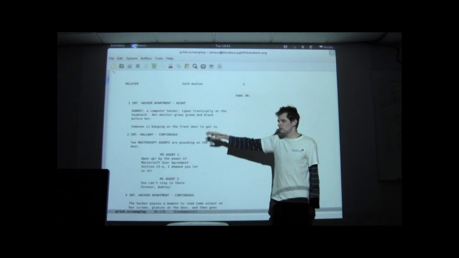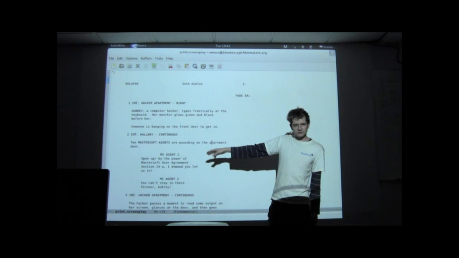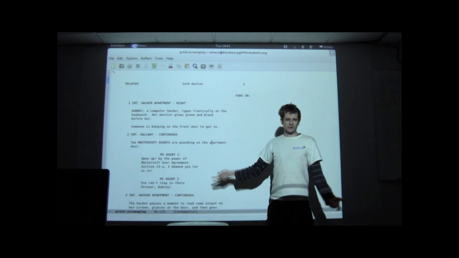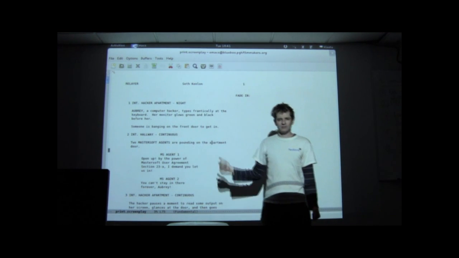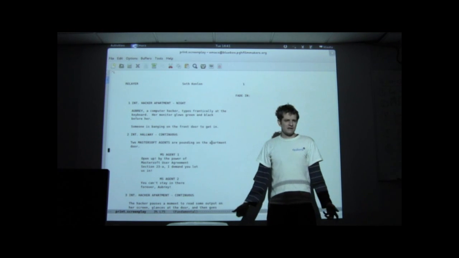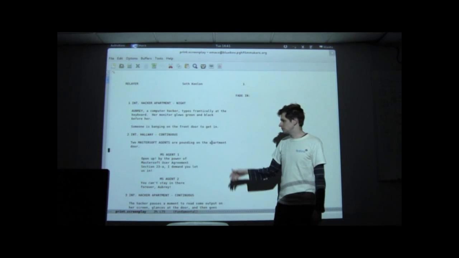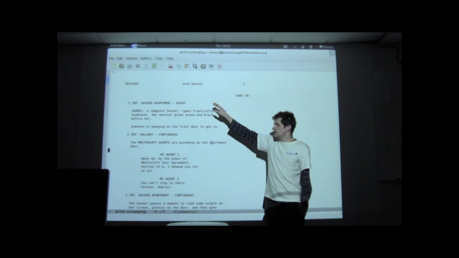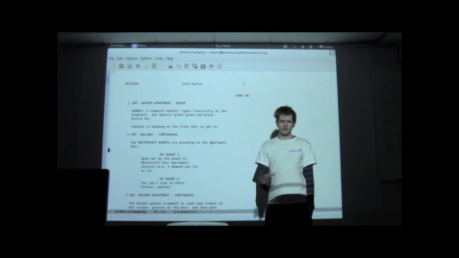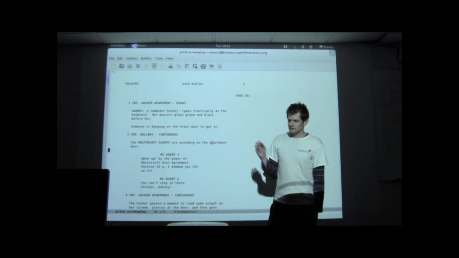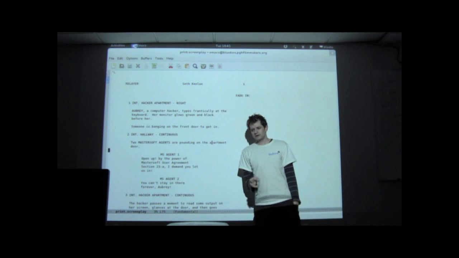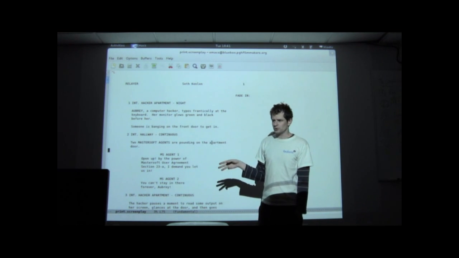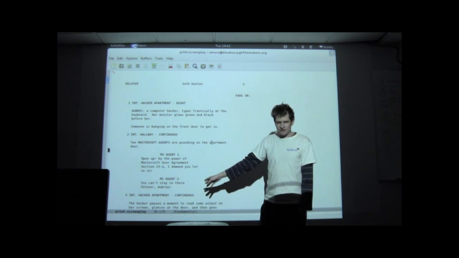So you can do all of this in a traditional word processor. You can do it on a typewriter. Obviously, 100 years ago when they came up with this idea, they didn't have computers with fancy word processors. Now we do. You can do this all manually, define all of your margins. But at some point, someone figured out that it would be a lot faster to have the computer manage that for you.